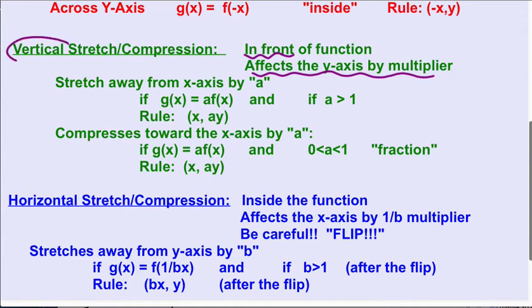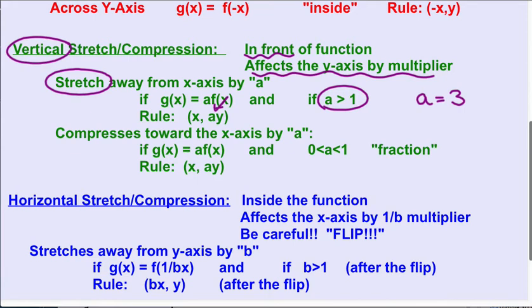So I know it's something vertical, y-axis. And I have two choices. Either are we greater than 1 or are we a fraction? In this case, our a value equals 3. So we are greater than 1. So we're going to be stretching our vertical axis. And here's our rule. If we have our vertical axis, we're changing that y. We're multiplying everything by 3.